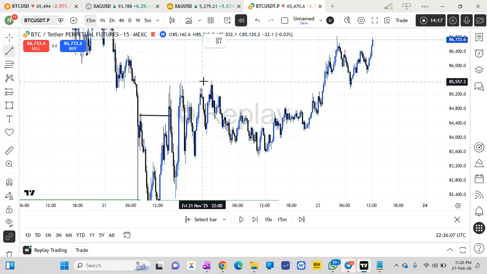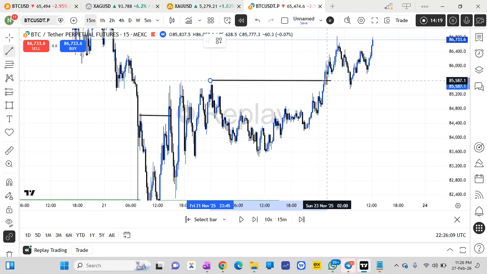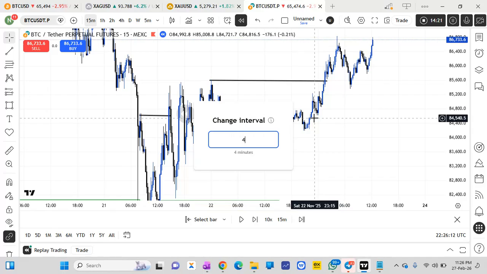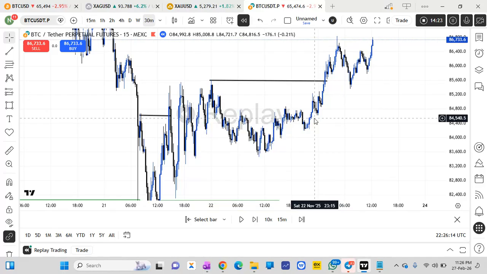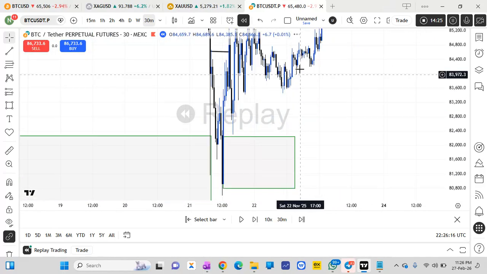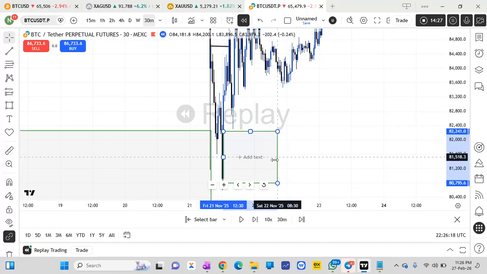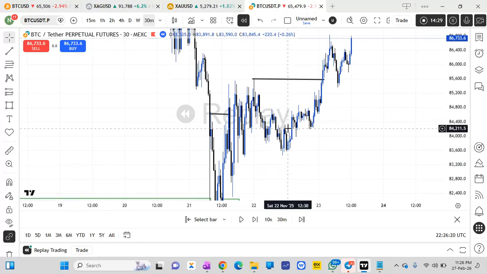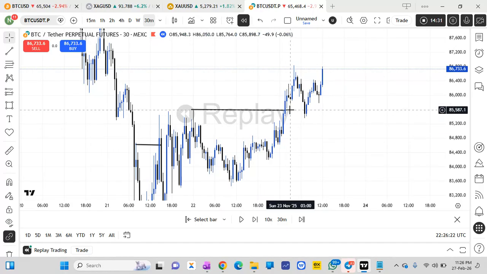Okay. This is another zone. This zone now will temporarily hold since another zone just came up here.